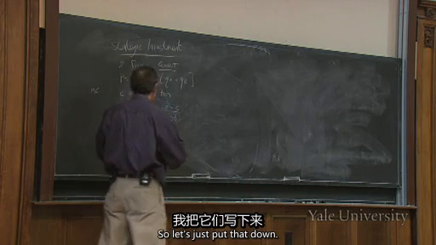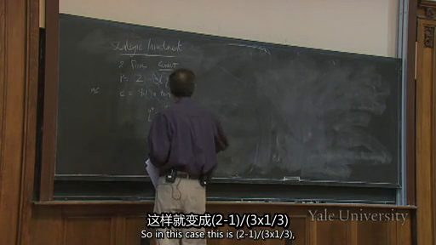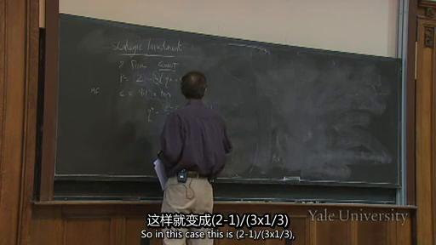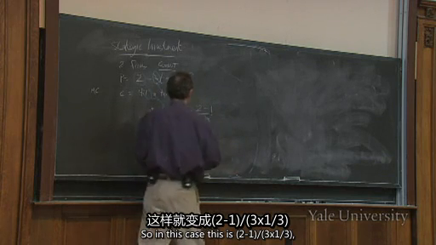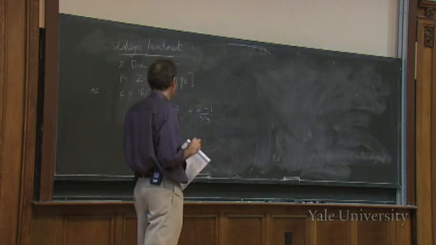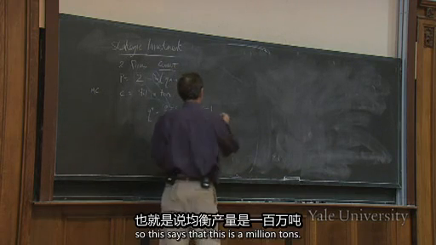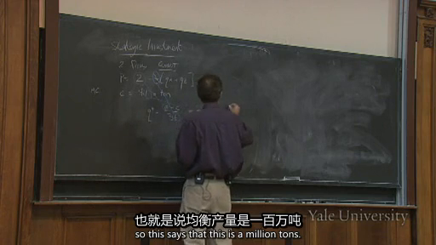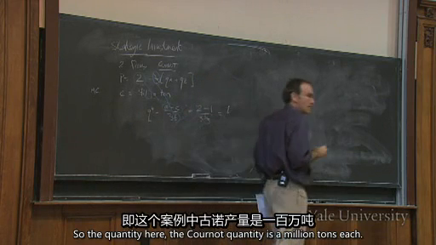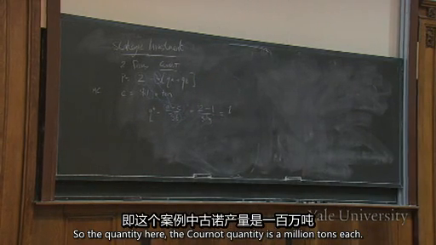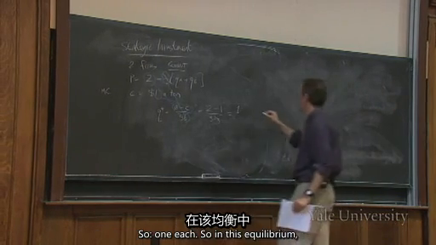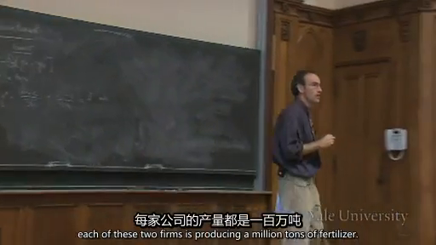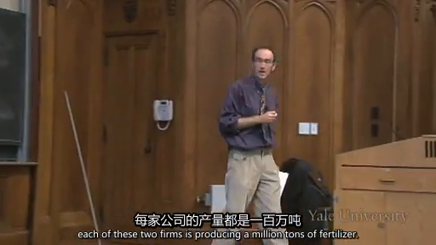So in this case, this is (2 minus 1) over 3 times 1/3, which is 1. So the quantity, and this is in million tons, the Cournot quantity is 1,000,000 tons each. So in this equilibrium, each of these two firms is producing 1,000,000 tons of fertilizer.